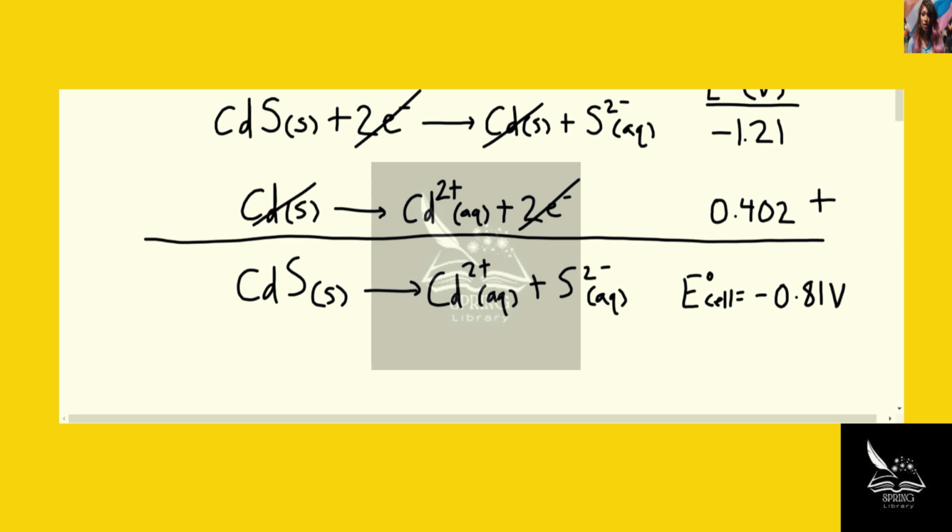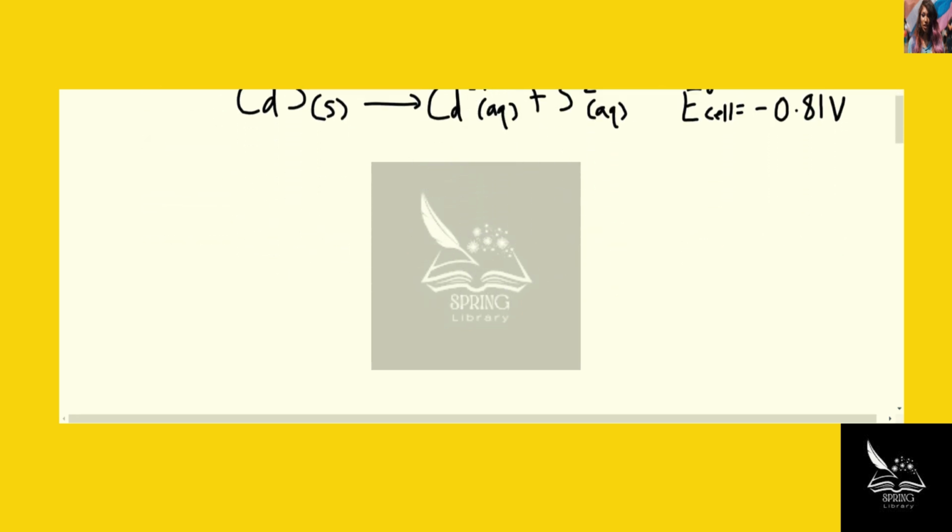And now we know from the Nernst equation that the cell potential at non-standard conditions is equal to the cell potential at standard conditions minus 0.0591 over n times log of Q. But we are trying to find K. And at K, we know we are at equilibrium.